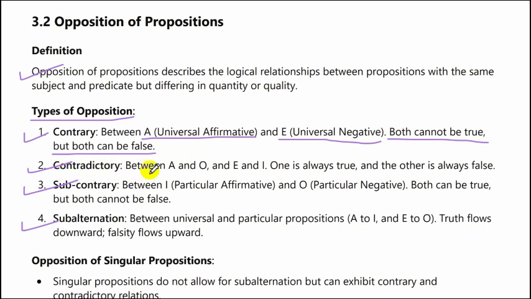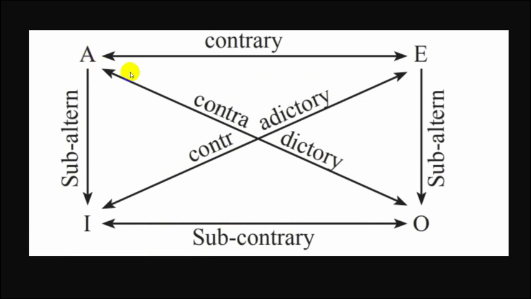Contradictory. The contradictory relation is between A and O, which I explained earlier, and between E and I. One is always true, the other is always false. So if A is true, O will be false. If O is false, A will be true. If E is true, the I proposition will be false.